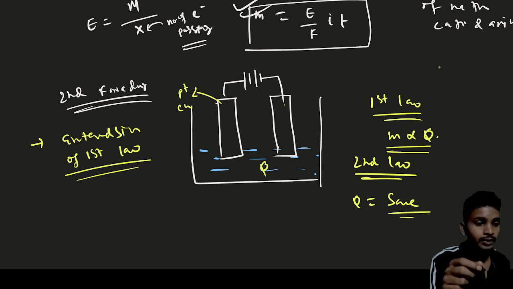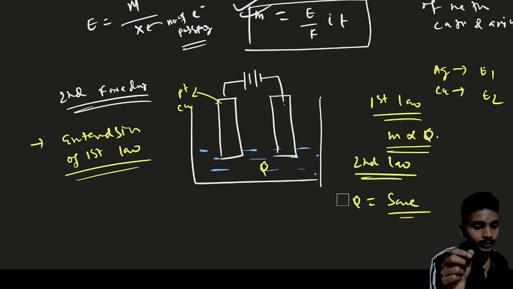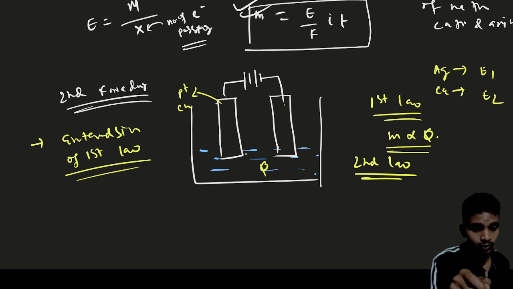The equivalent weight of silver is different from that of copper. So if the same amount of charge is passed through different electrolytes, the mass deposited is directly proportional to the equivalent weight of these rods.